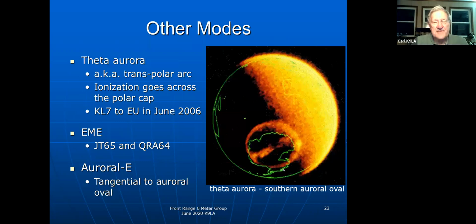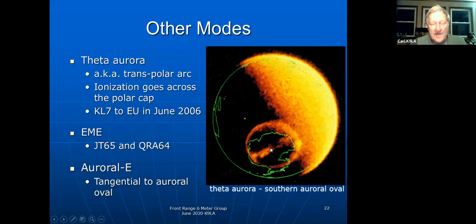Here's an interesting one. It's called Theta Aurora, or another name is transpolar arc. And there's a picture of it for the southern auroral oval. You can see the auroral oval, the ring, and there's a transpolar arc. It's called Theta Aurora because it looks like the Greek letter theta.